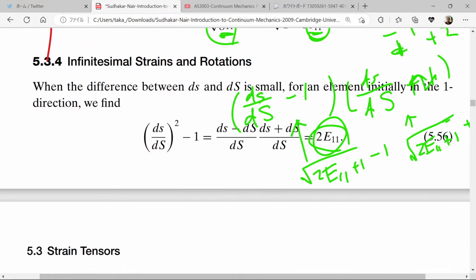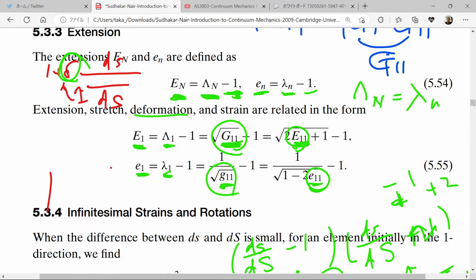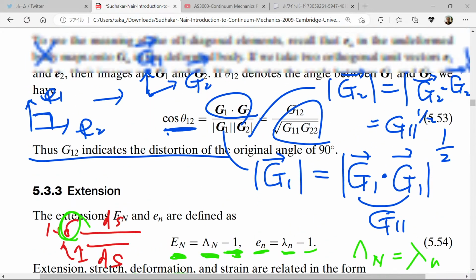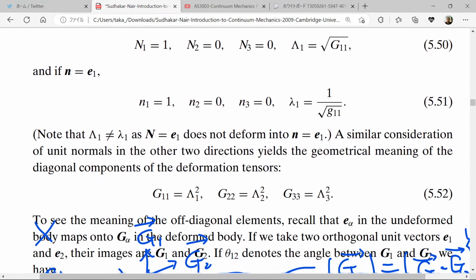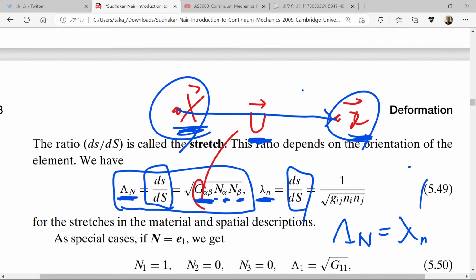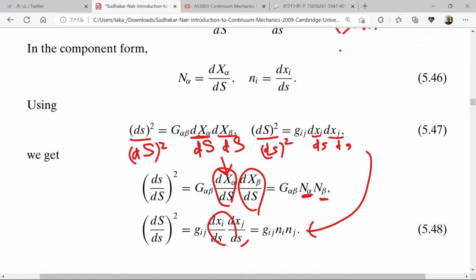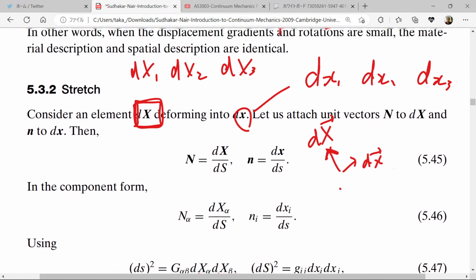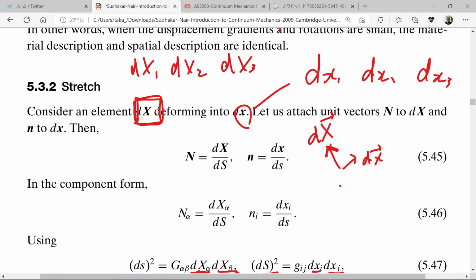Is it extension? See, lambda is stretch, right?